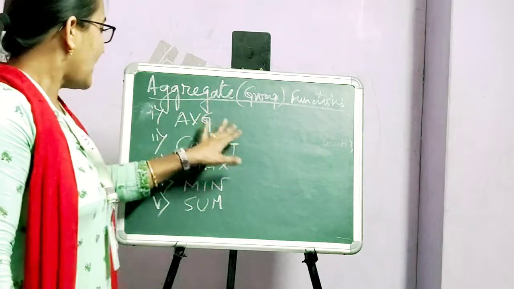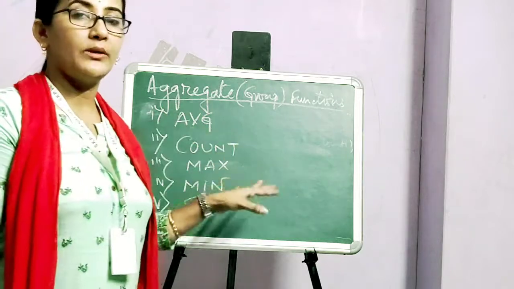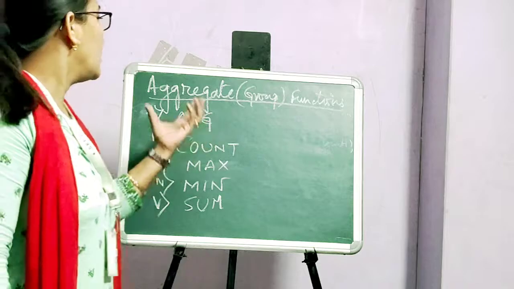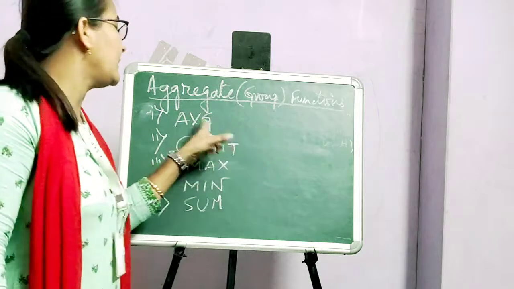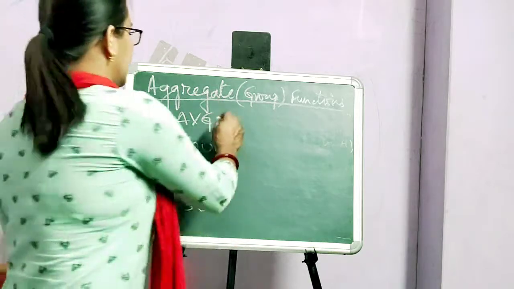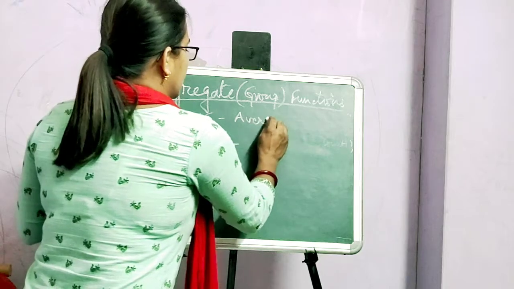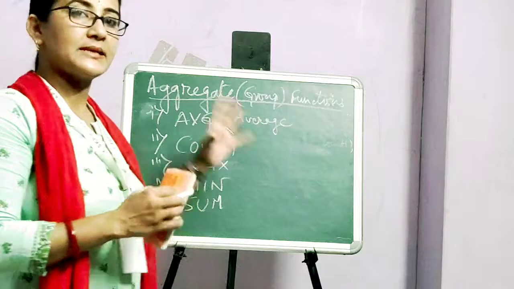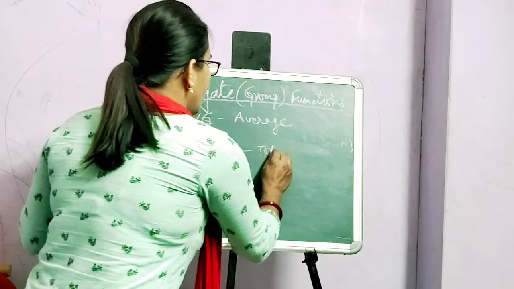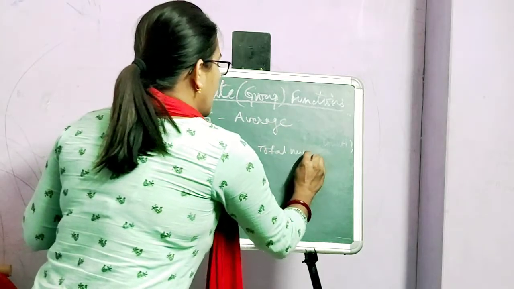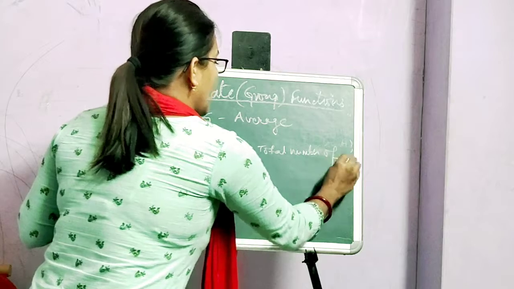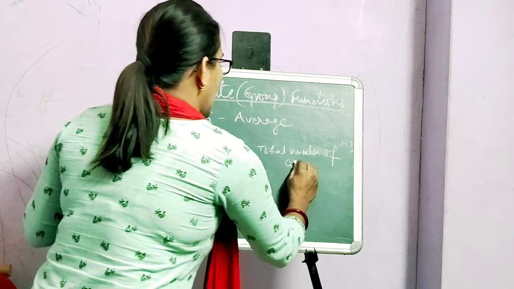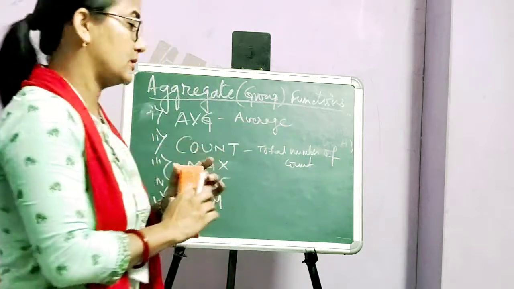Now by the name you can assume how each works. AVG gives the average of a given query. Count gives the total number of values.